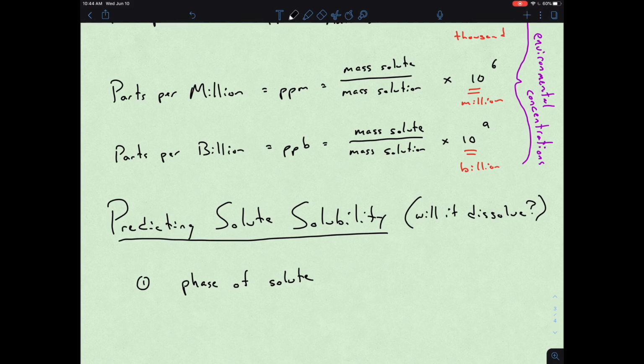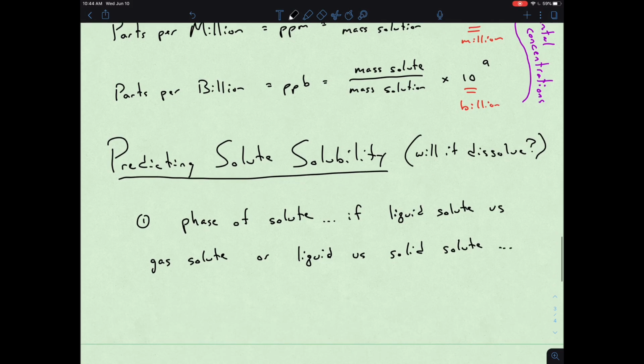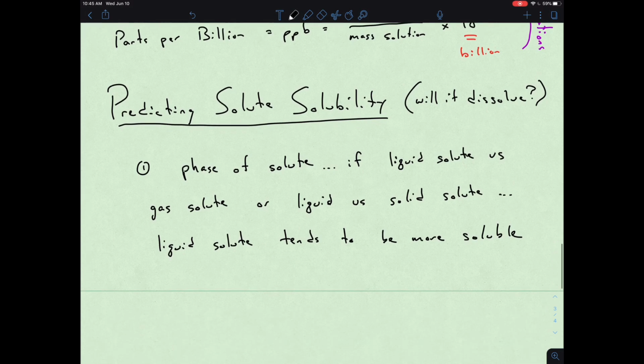What we find is that if you're looking at a liquid solute versus a gas solute, or a liquid solute versus a solid solute, a liquid solute tends to be more soluble in a liquid solvent.